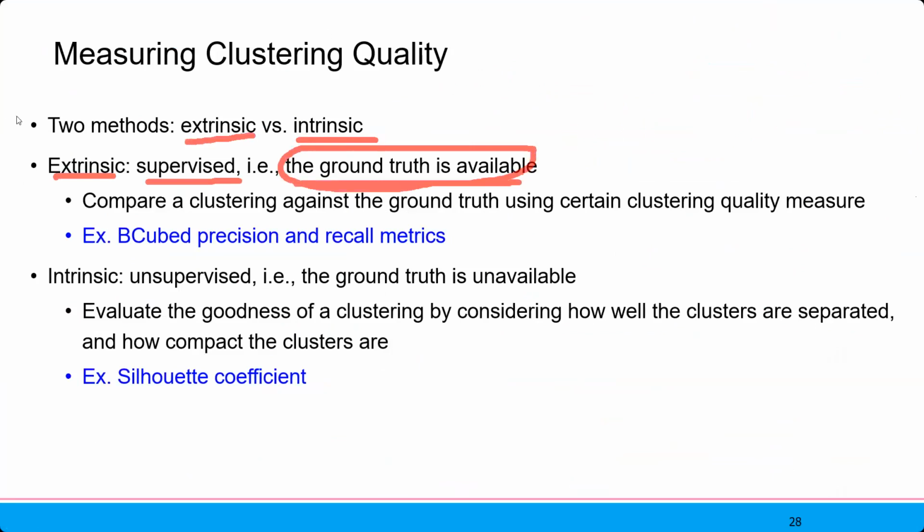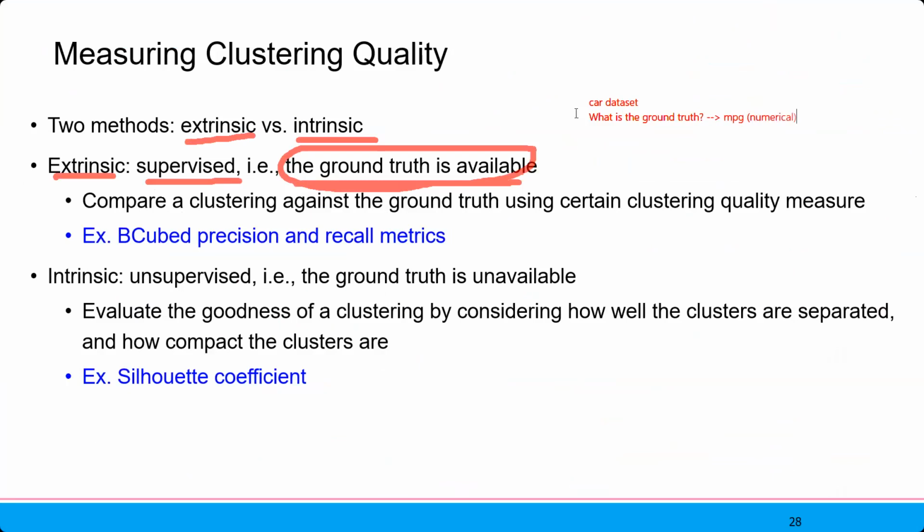If you use the MPG dataset, the CAR dataset for your assignment, what is the ground truth? The ground truth is the MPG. So we know the target, we know the label. In the case of the CAR dataset, the label is numerical.